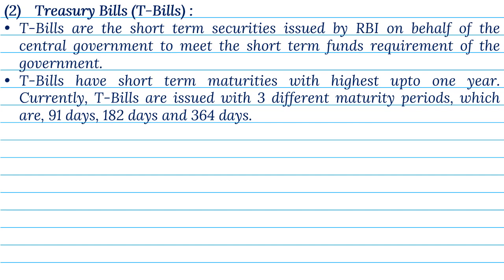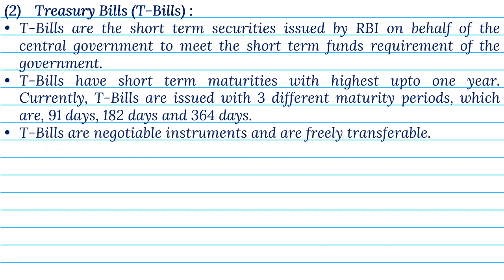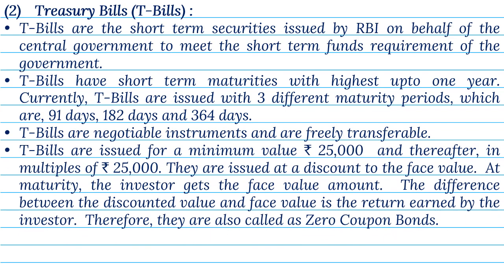Currently, T-bills are issued with 3 different maturity periods, which are 91 days, 182 days, and 364 days. T-bills are negotiable instruments and are freely transferable. T-bills are issued for a minimum value of rupees 25,000 and thereafter in multiples of rupees 25,000.